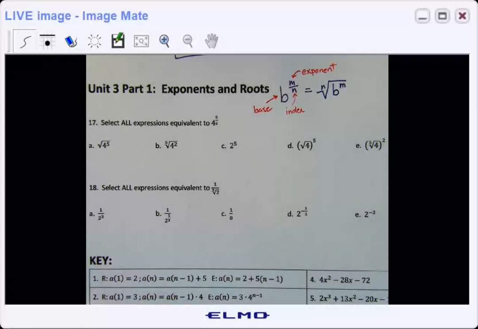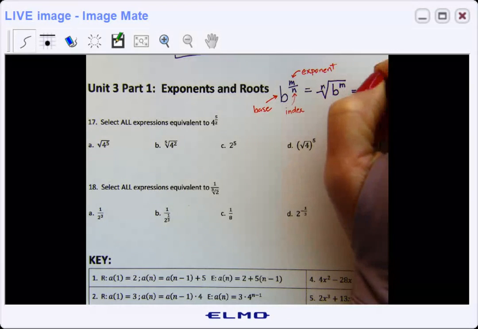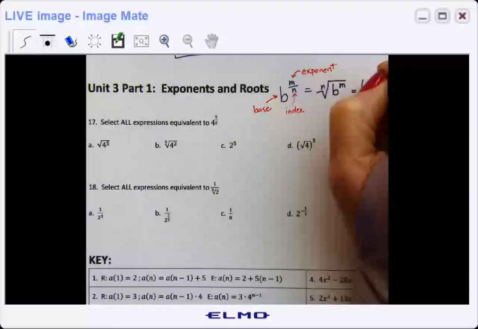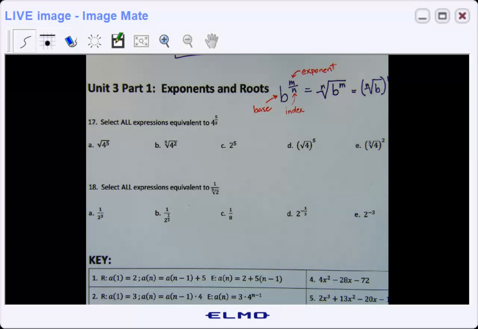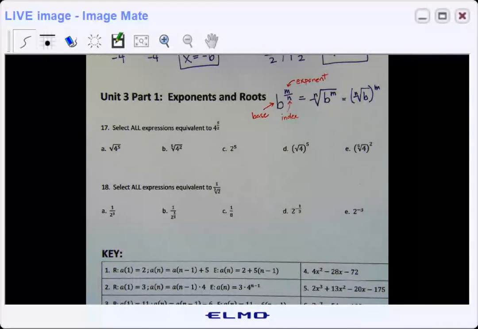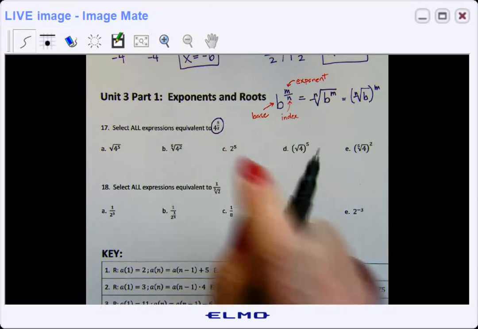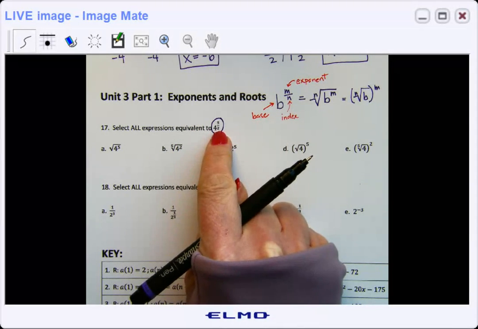You can write it in that way, or you can write it with the exponent on the outside, so the nth root of b, to the m. Okay, so either representation, they're totally equivalent. All right, so when we look at this 4 to the 5 halves, I know the 2 is the index of the root, which we never see actually written.